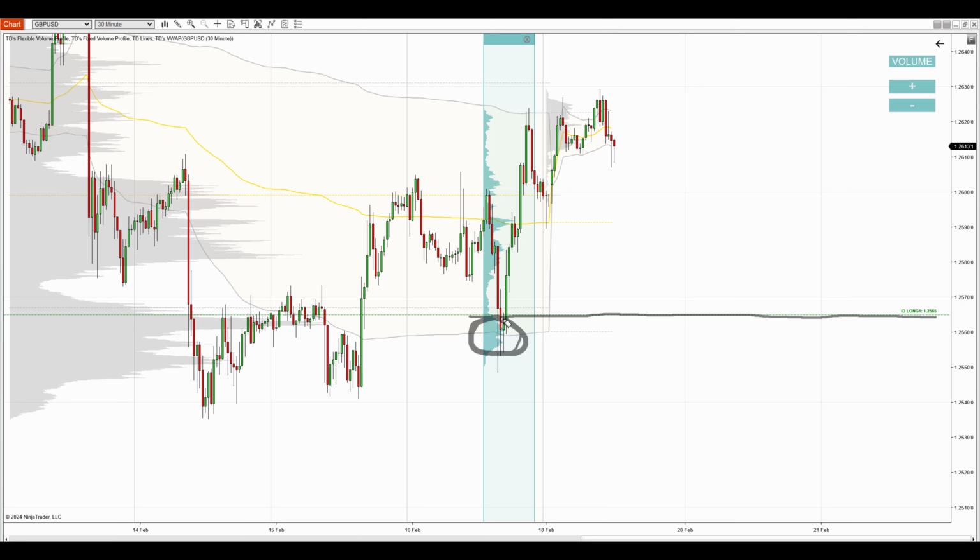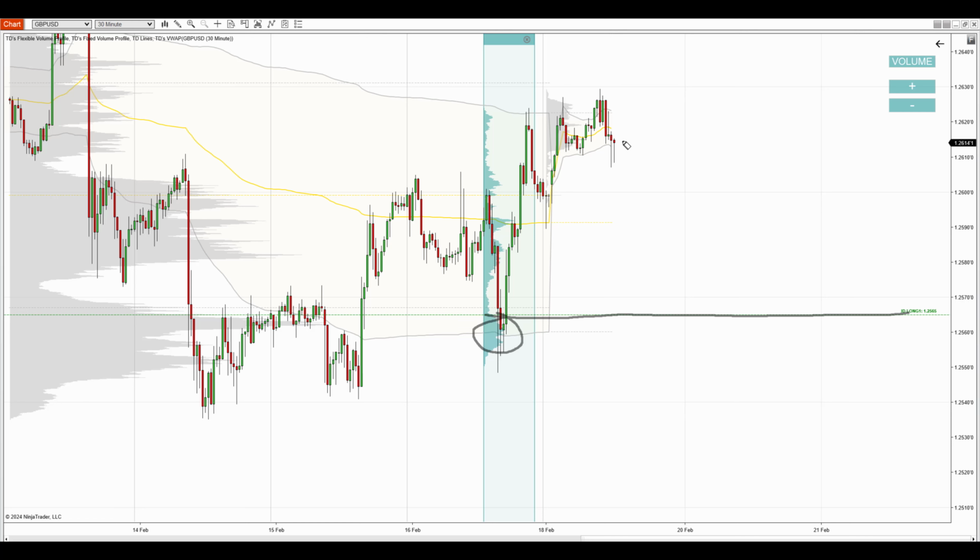So this is the place which is most important within this rejection. And when the price reaches this zone at some point in the future, it's likely that buyers from here will want to defend this place and push the price upwards from there again. In my experience, the biggest chance of a reaction is at the beginning of that heavy volume zone, so that's why I have the level here.